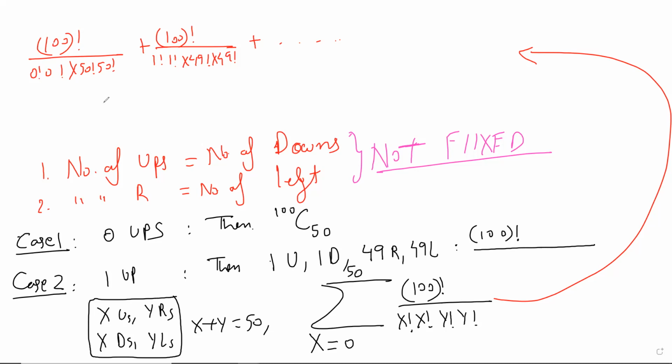The final answer will be interesting. Eventually what it will come out to be is 200 choose 100, something like that, right? One has to sum it up.